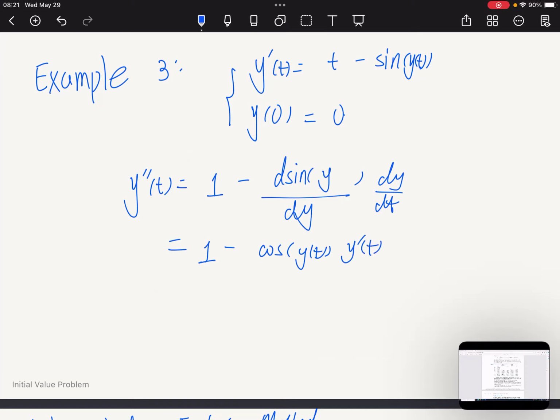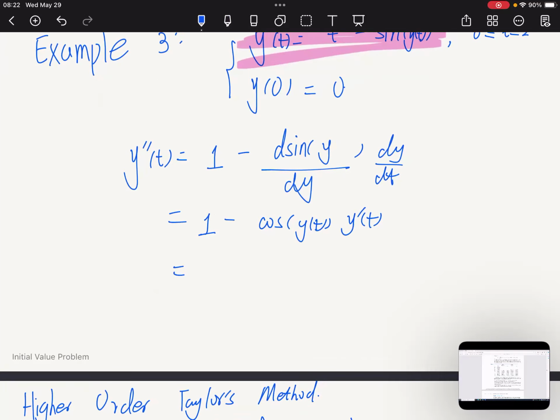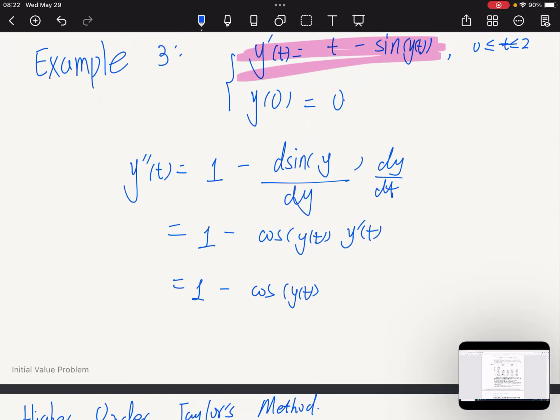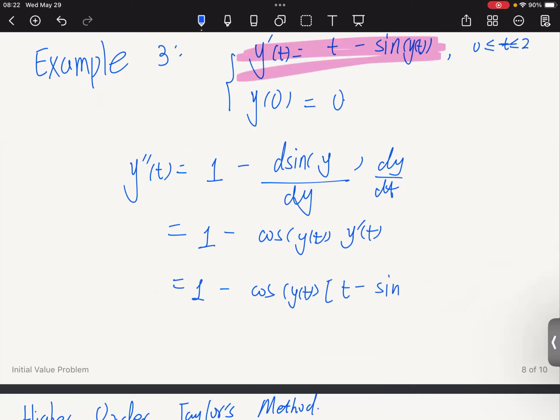From the equation here, we already know that y prime t equals, also I need to specify the interval we are working in, the time is between 0 and 2. For this example, we have cosine yt, and y prime t from the question statement is t minus sine yt.